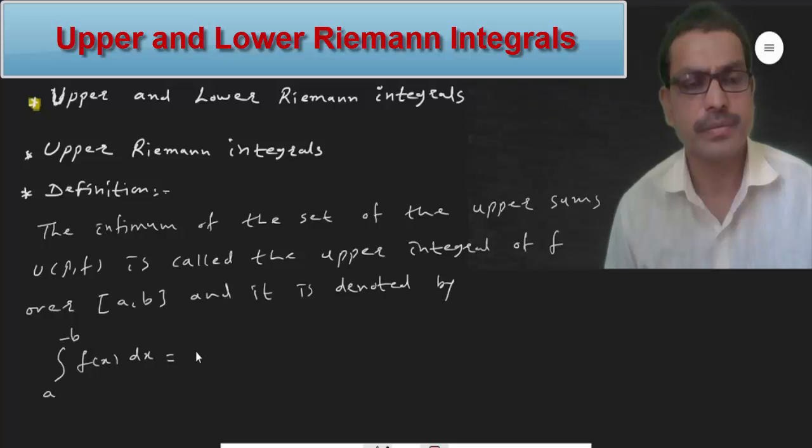Here the integral of f(x) dx, with a bar on the upper side of the integral, over the closed interval [a, b].